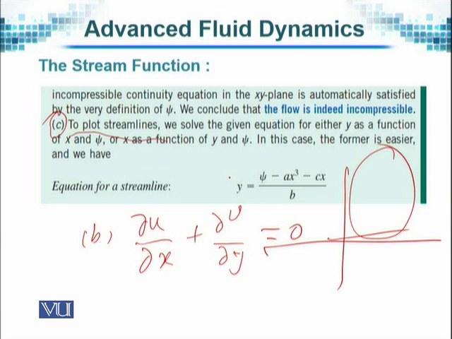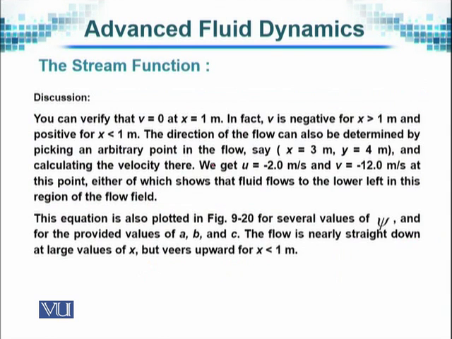Just by integration, we can obtain the value of y. We can write this equation as y is equal to psi minus ax cubed minus cx, divided by b. It's very easy to do that, just from the equation we can see.